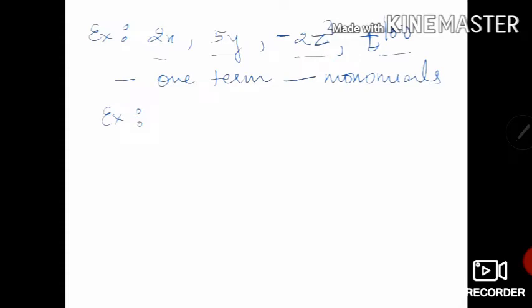We have also written earlier some examples that have two terms, like x plus 1, x square minus x. These are examples of polynomials with two terms. x is one term and plus 1 is the other term. So polynomials containing two terms are called binomials.